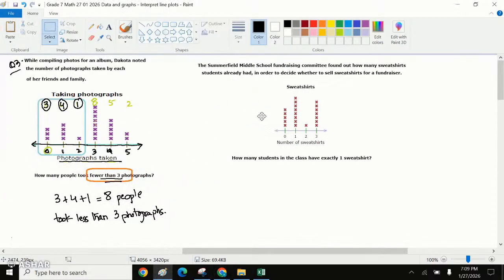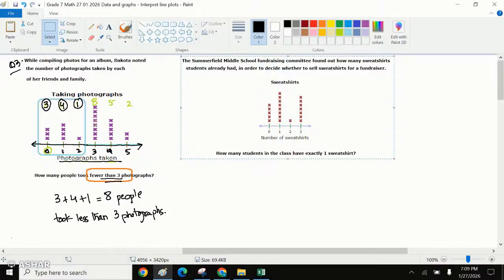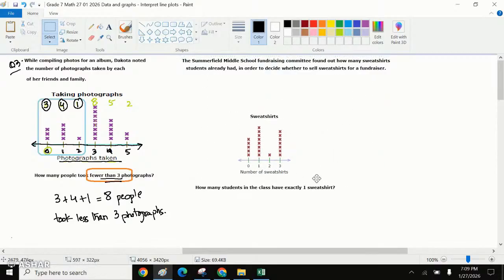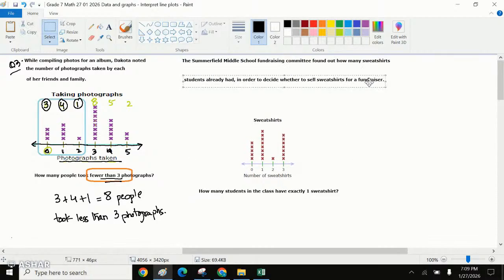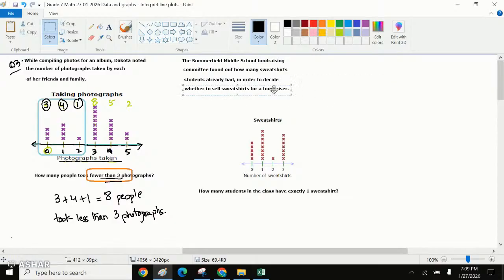Let's copy and paste, and I'll just realign. Okay, this and this, so that they can sell at a fundraiser.